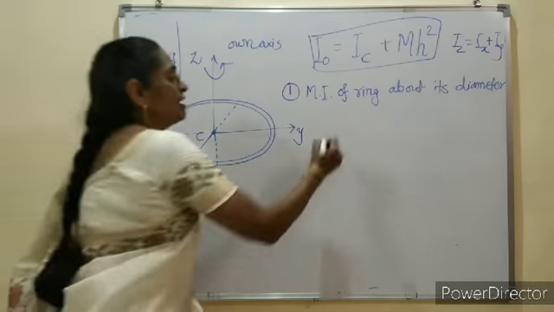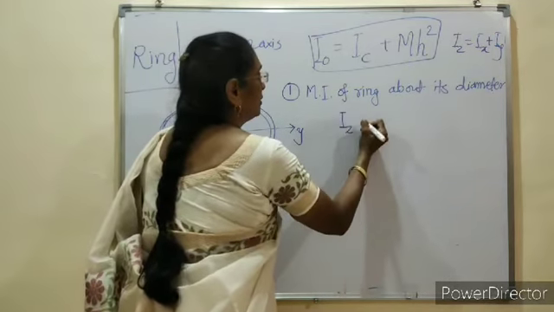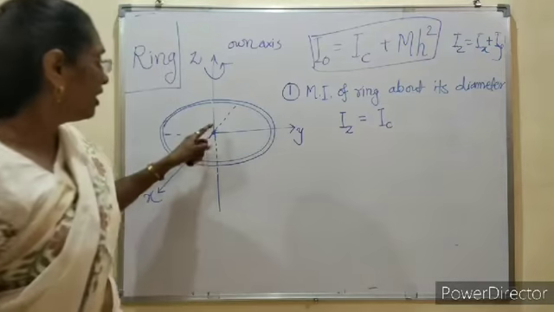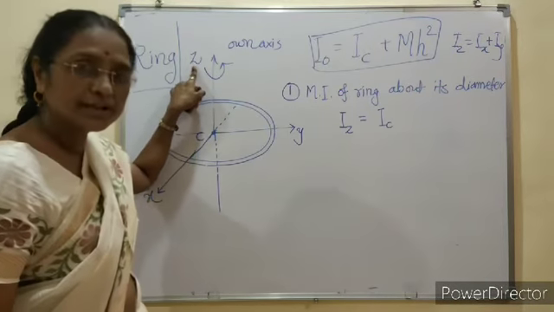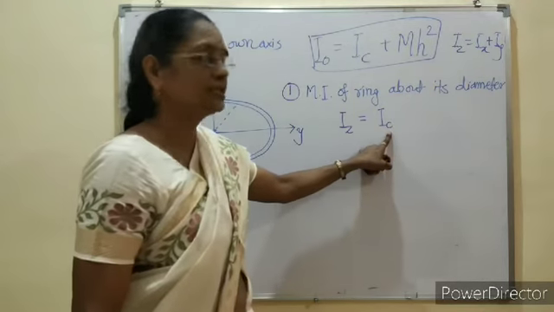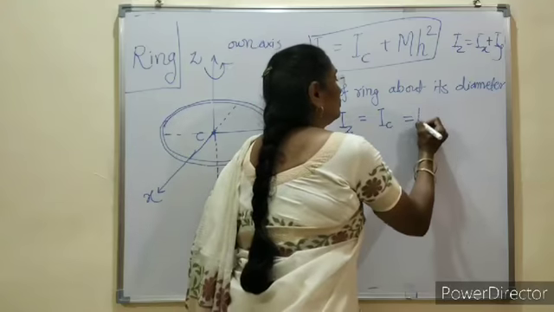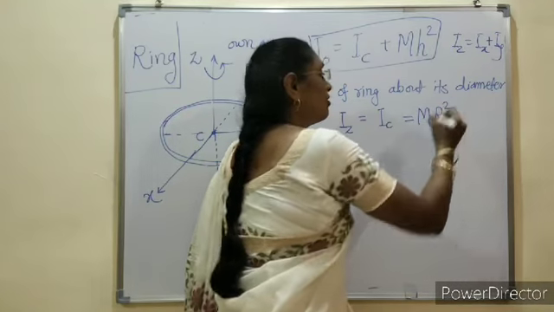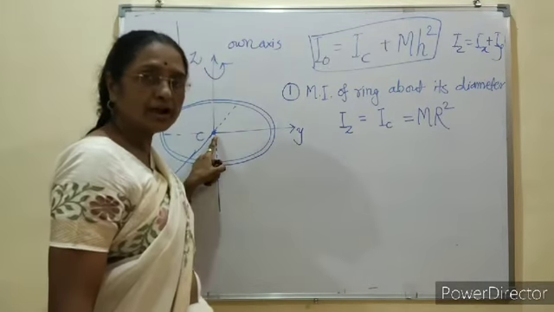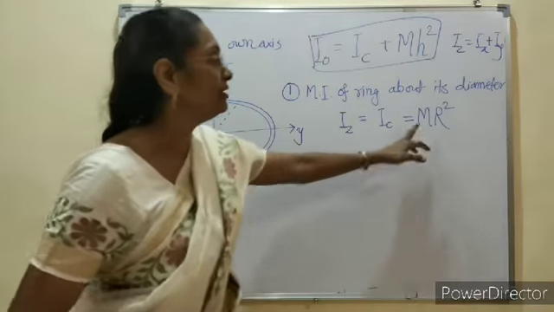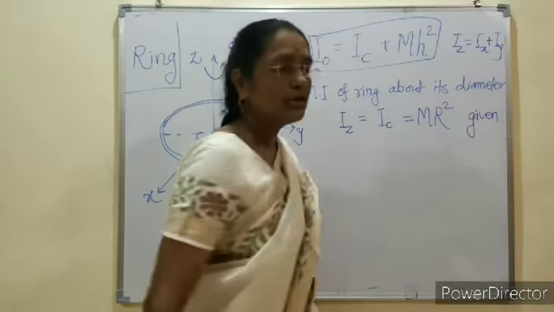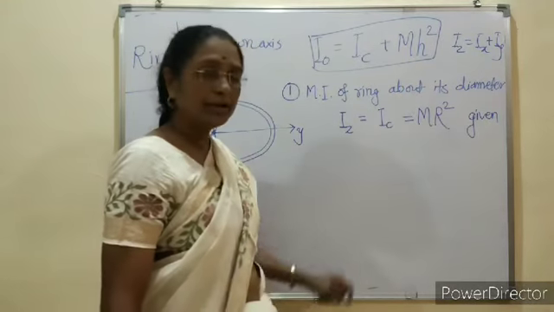Here Iz is equal to Ic, meaning the moment of inertia about the z-axis. The z-axis is passing through point C, so we can take it as Ic, and we have noted that the moment of inertia of the ring about the axis passing through the center and perpendicular to the plane of ring is equal to mr square. So this is the given expression for moment of inertia of a ring.